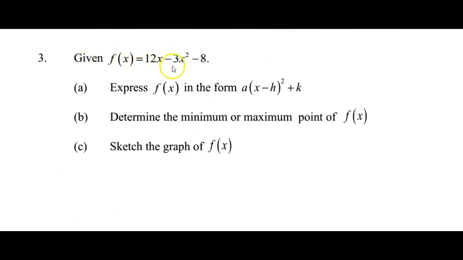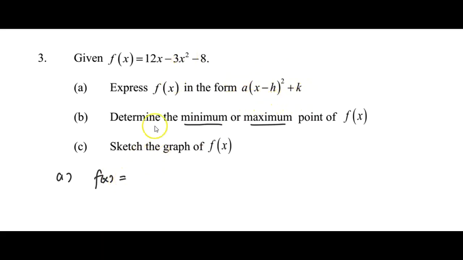This is a similar question to questions 1 and 2. What is different is that now you need to determine whether it has a minimum or maximum point, and then sketch this graph. So again, I'm going to express f(x) into this form by completing the square.